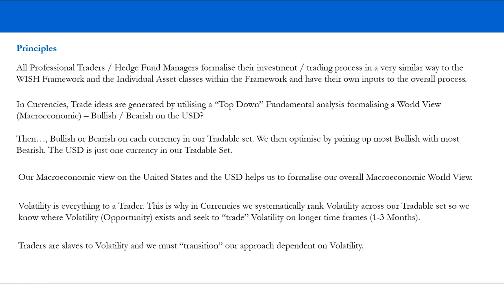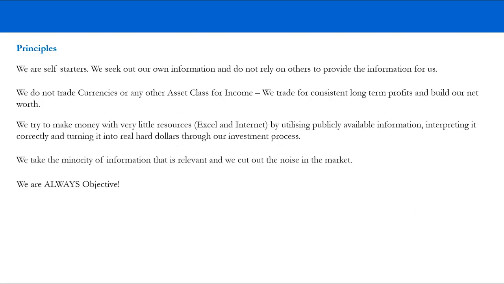Some other principles that we picked up along the way also, one of the main ones was one that we touched on a little bit earlier, that we are absolutely self-starters. And we mustn't forget this. It's so important as a trader to be a self-starter so you don't rely on other people to provide information for you.